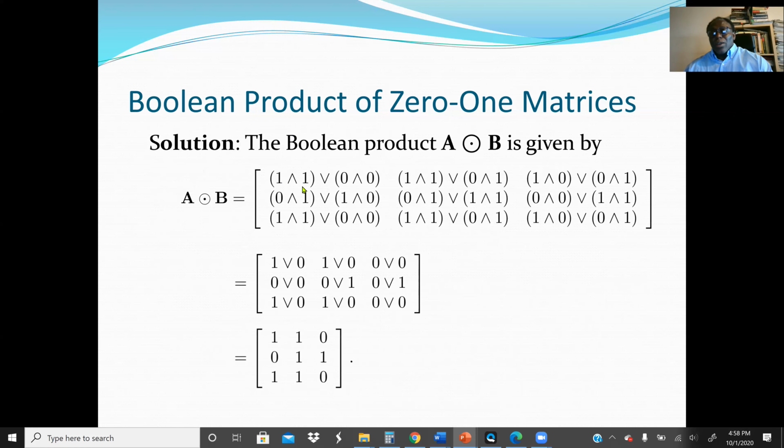Again, conjunction is multiplication. Then the answers you get for the two, you disjunct, which means adding them. Same step as we did previously in the decimal number system for multiplication of matrices.